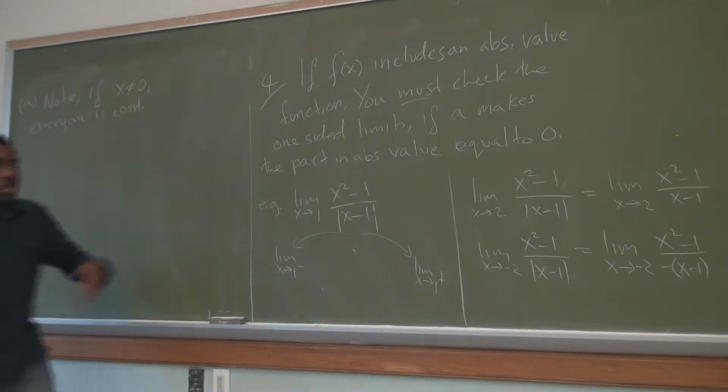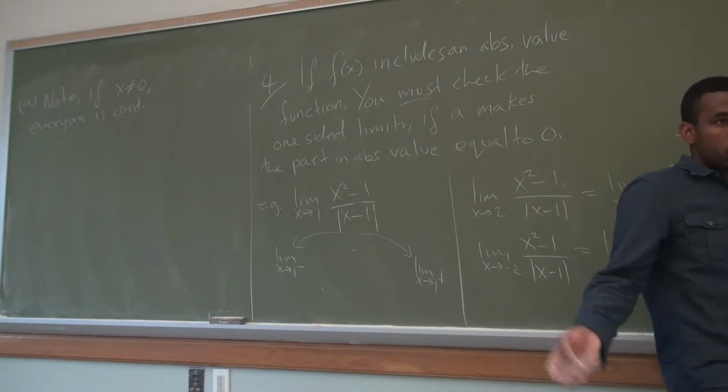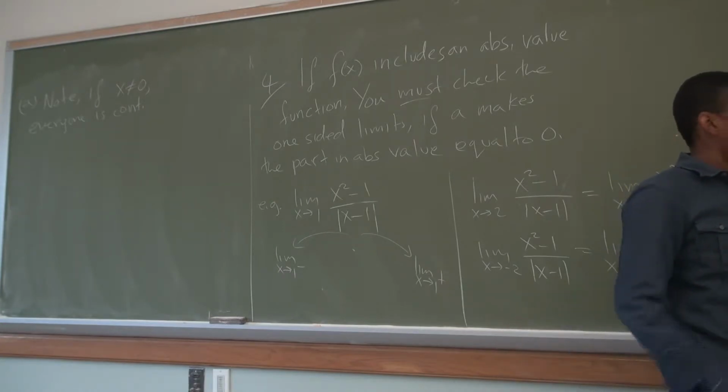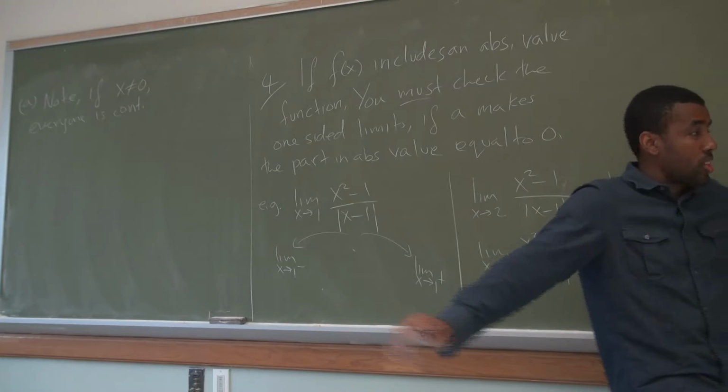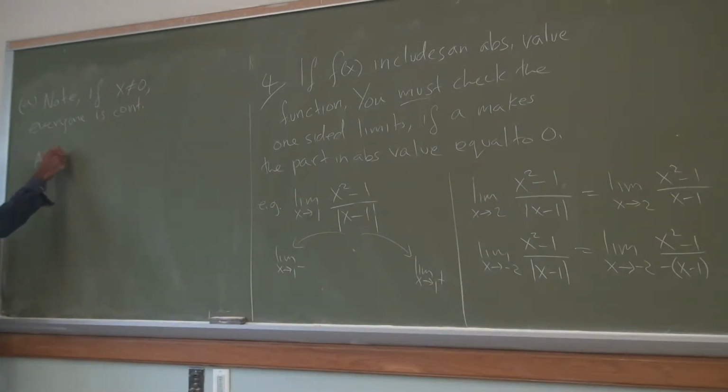As long as we're not at 0, this is continuous and this is continuous, because you're not dividing by 0. So as long as you're away from 0, everything is hunky-dory. So now you have to worry about at 0. Now at 0, what do you have to show? You have to figure out, does the limit as x approaches 0 of f of x equal f of 0? That's what you have to check. So how do we check this?